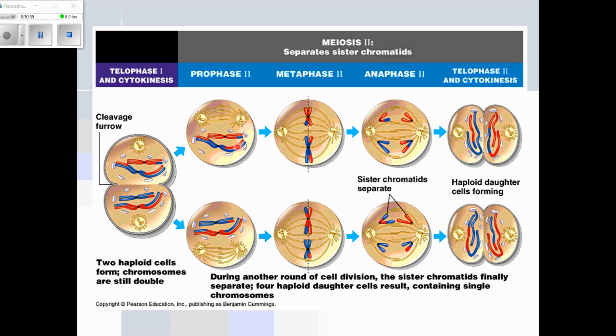Because remember, when chromosomes get together as pairs and they swap DNA with one another, they can only do that with their homologous partner. In other words, if this big chromosome is going to exchange DNA with somebody, the only chromosome it can pair up with is this chromosome.